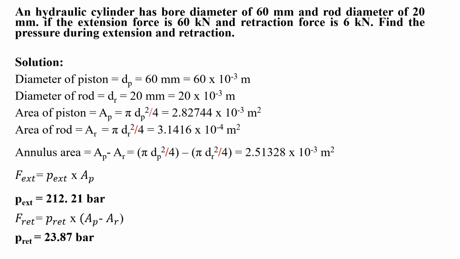Simplify this, we will get pressure during retraction equal to 23.87 bar. These two are the final answers for this question. P extension equal to 212.21 bar and pressure during retraction equal to 23.87 bar.